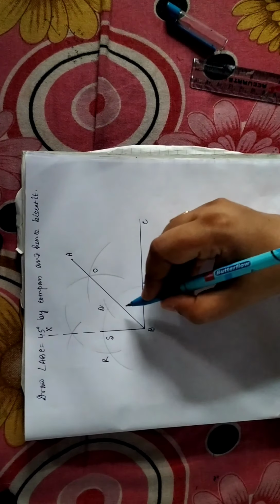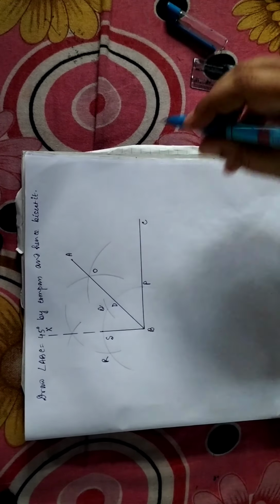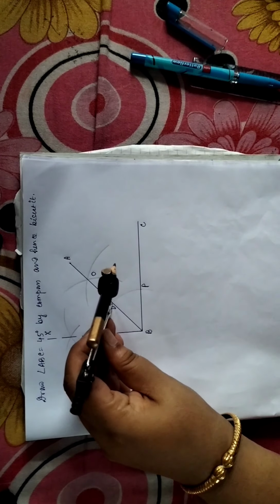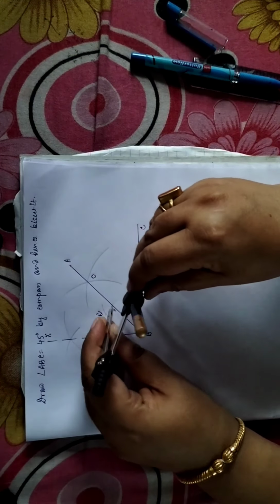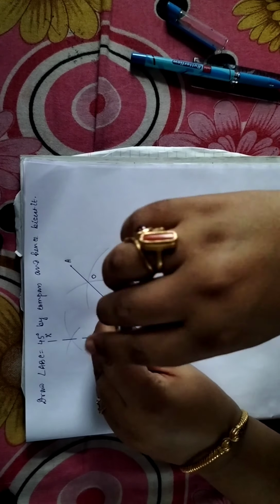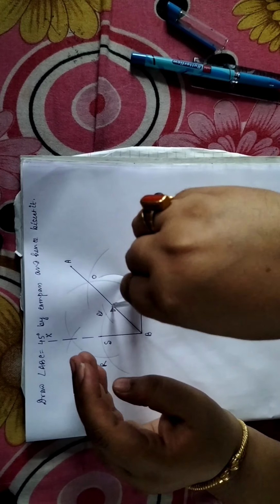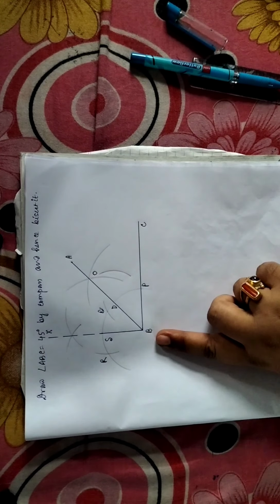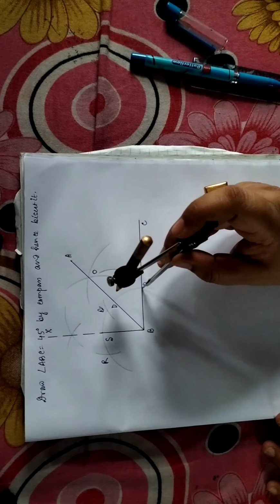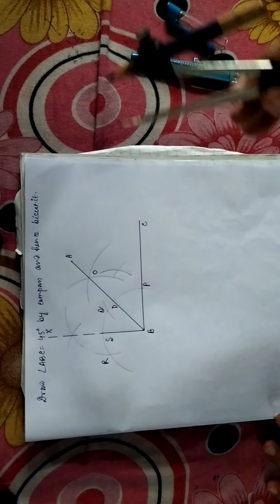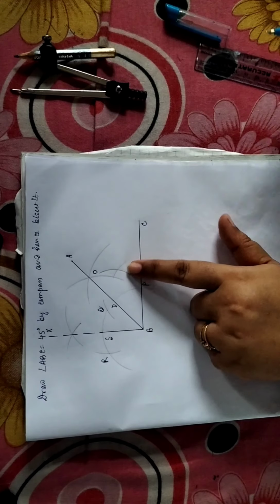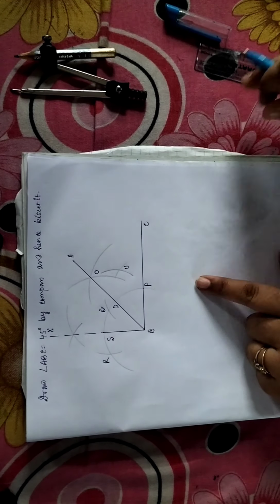Let's name this point as D. So now we have to take D as center to bisect angle ABC, and with the radius more than half of DP, an arc should be drawn on that side of the arc DP which is opposite to the vertex B. Now with the same radius taking P as center, another arc should be drawn on the same side. Now let these two arcs intersect each other at U.